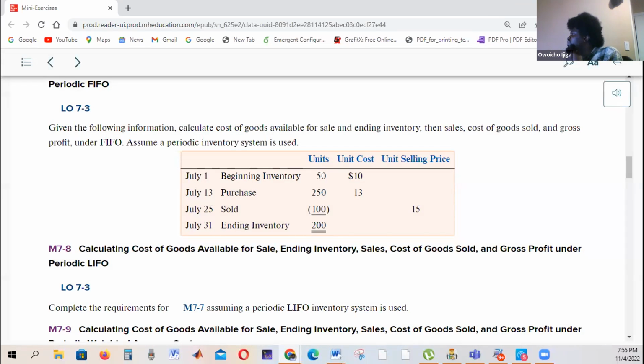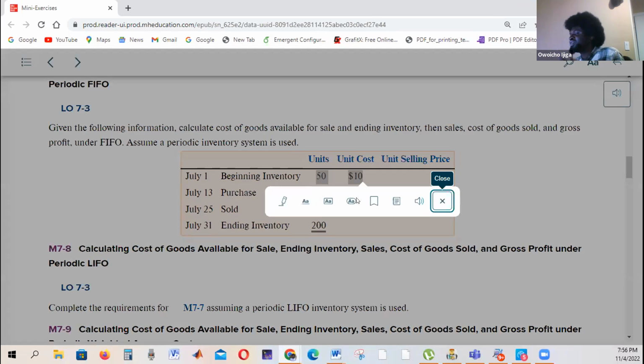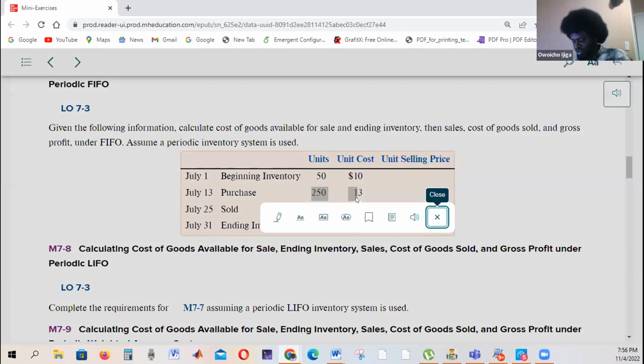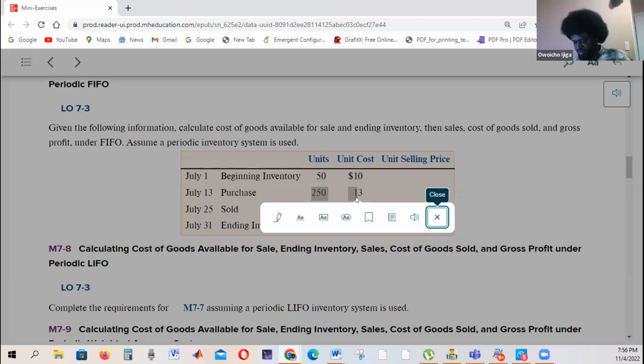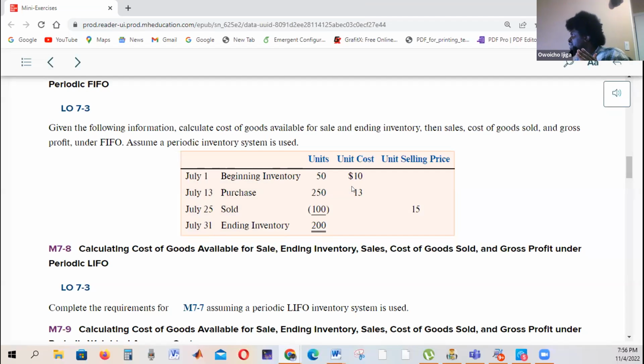And from the 300 bottles, 50 times 10 gives me 500, and then 250 times 13, we should be about 3,250, right? And then I sold 100 bottles.